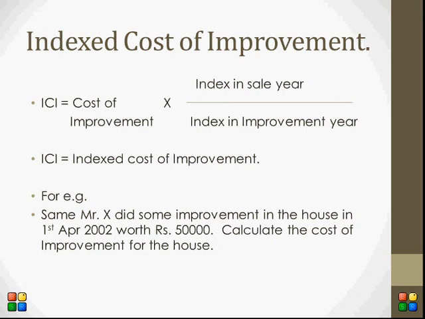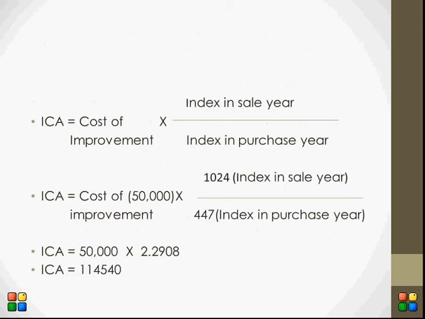The cost of improvement is rupees, say, 60,000 into 1024, which is the index in the sale year, divided by 447, which is the index in the improvement year. So after doing the calculation, the value is 1,14,540 rupees, which is the indexed cost of improvement.